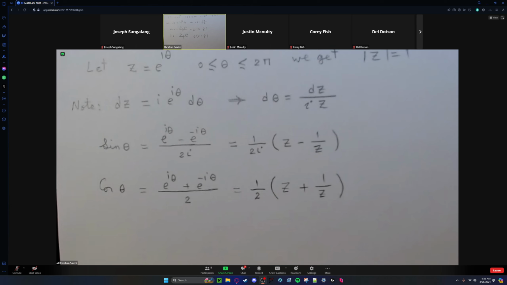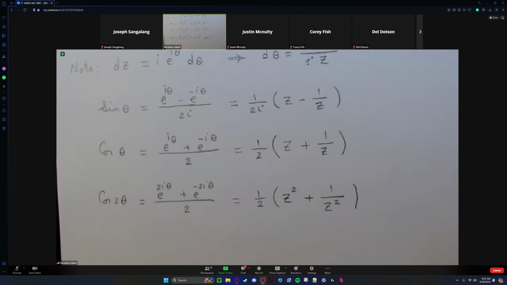If you have cosine of 2 theta, by definition of cosine, this is e to the 2i theta plus e to the negative 2i theta, which is 1/2 times, since we called e to the i theta z, z squared plus 1 over z squared.